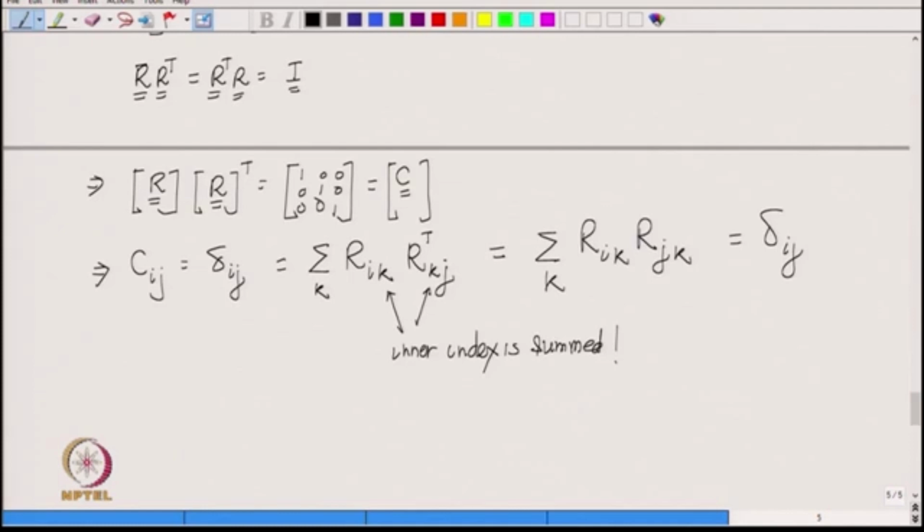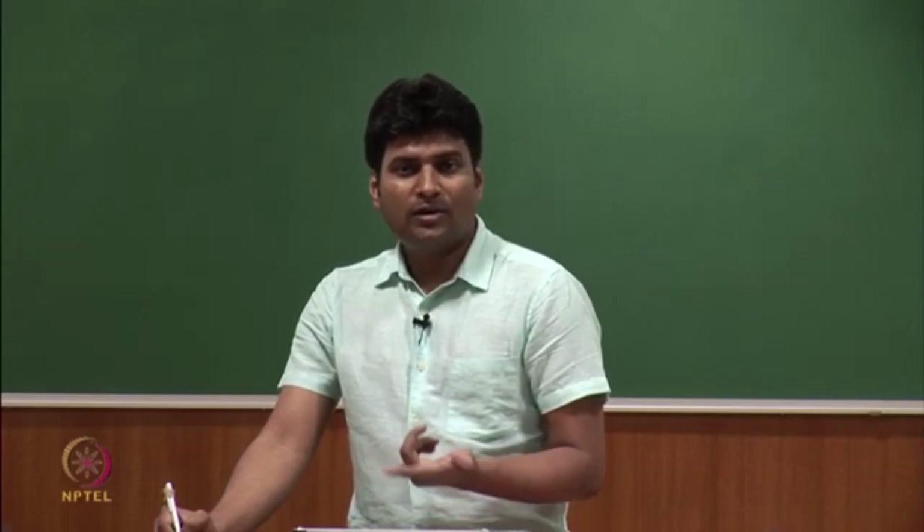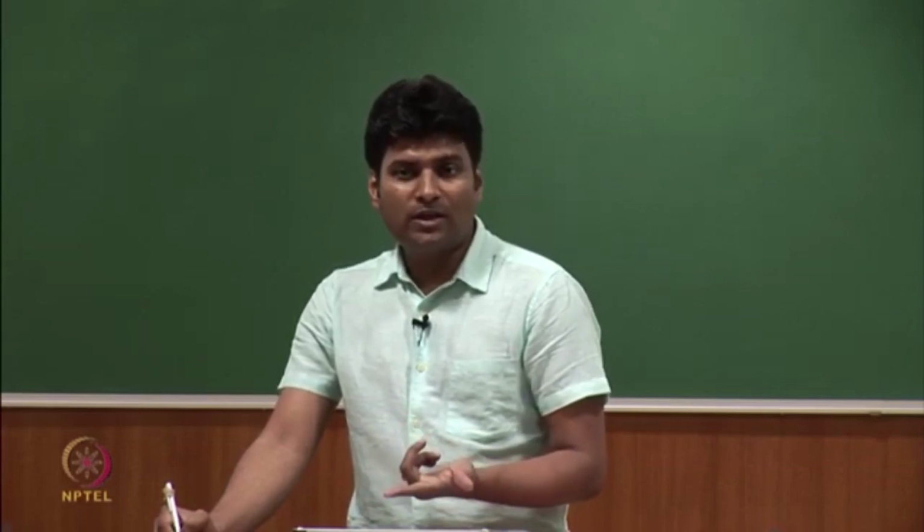This says you take the ith row of R and the jth row of R and you take the dot product, the dot of the ith row and the jth row, that is equal to delta i j.